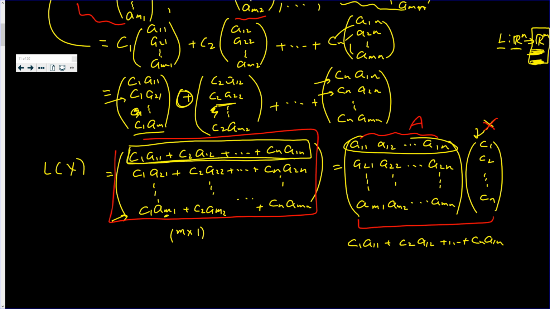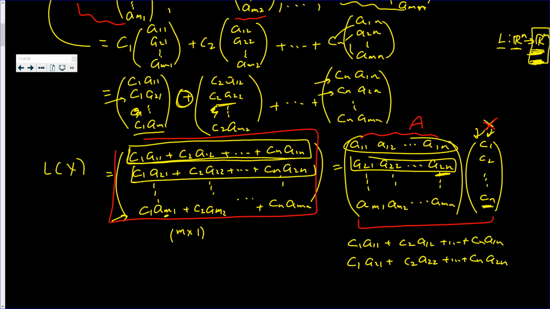Exactly this. If you multiply the second row by the column, you get A21 times C1 plus A22 times C2 all the way down to Cn A2n. Exactly the second entry.